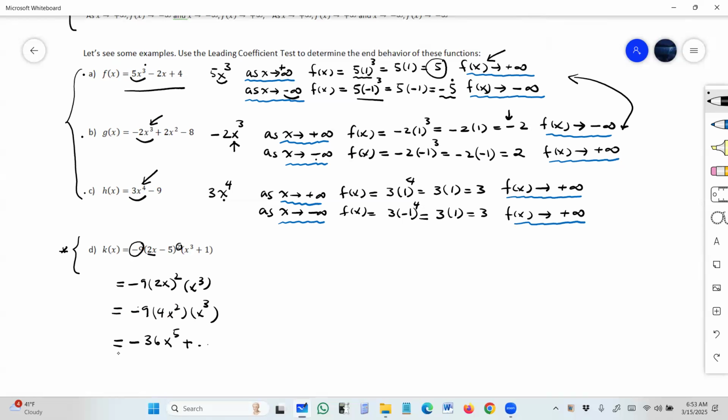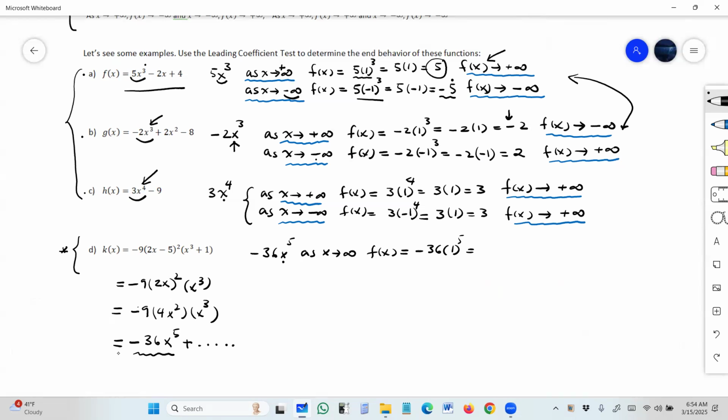I don't really care about the other terms. If you wanted to, you could multiply everything to find out exactly what the polynomial is. But since I'm only doing end behavior, I am only interested in the leading term. So this is my leading term, and I'm going to do the exact same thing as before. Minus 36 x to the fifth. As x goes to positive infinity, to find the end behavior of f of x, I'm going to replace x with 1.